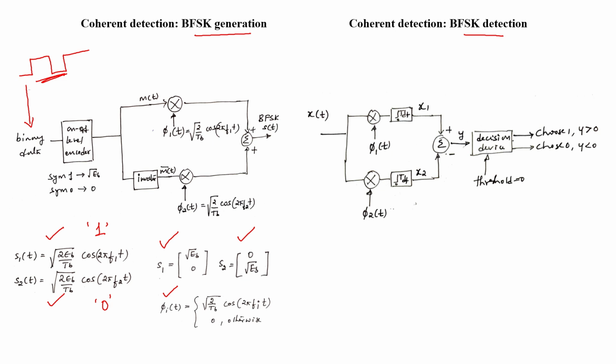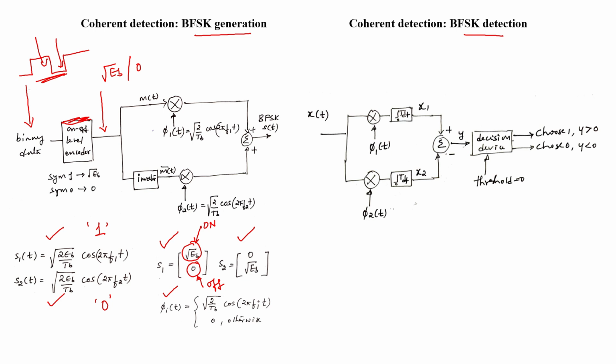So the first section in the transmitter is the on-off level encoder, because we have 0 and square root of EB. Square root of EB represents on and 0 represents off. So at the output of the encoder, I am going to get square root of EB or 0, depending on the input we apply.